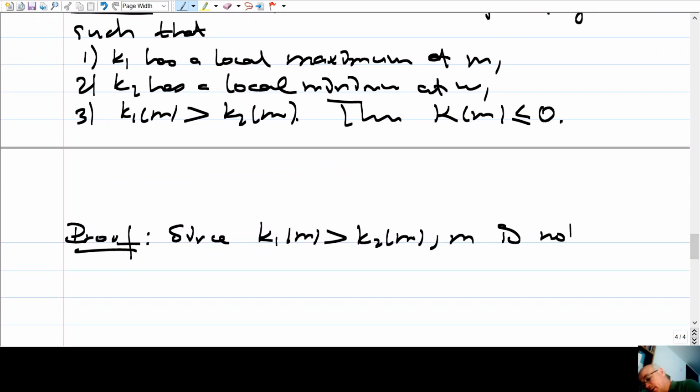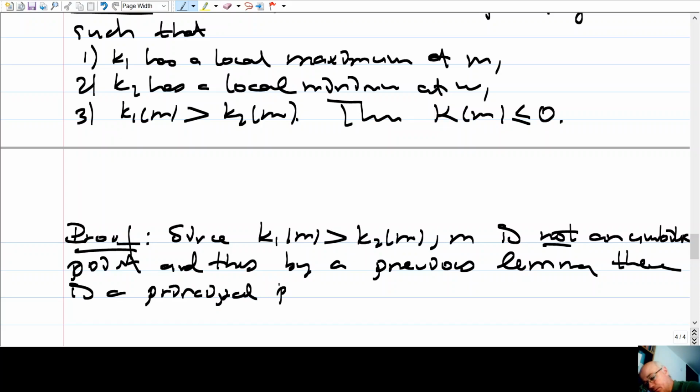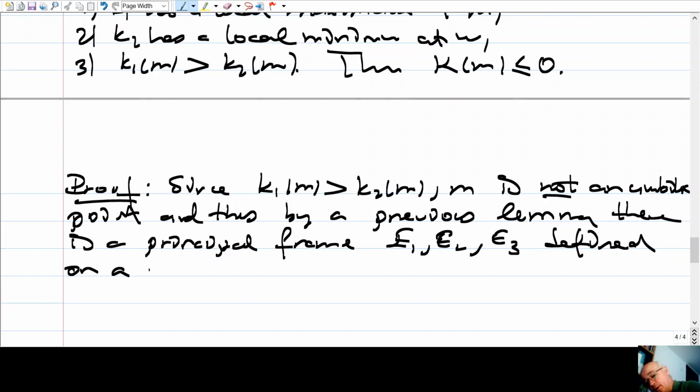M is not an oblique point, and thus by a previous lemma, there is a principal frame E1, E2, E3 defined on a neighborhood of M. Right?